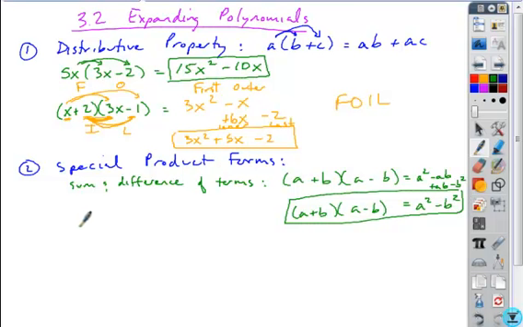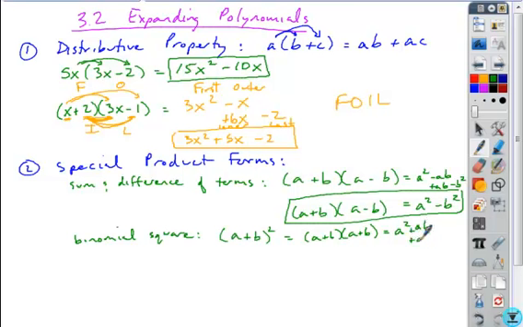Okay, the next special product form that you should be aware of is a binomial square. Binomial square means if you took any binomial and you squared it. Once again, really what you're doing on this is you're foiling a plus b times a plus b. And when you FOIL that, you get your first terms a squared, your outer terms plus ab.